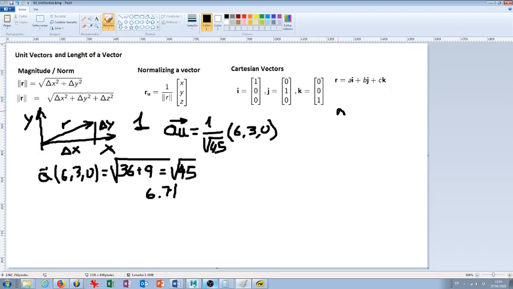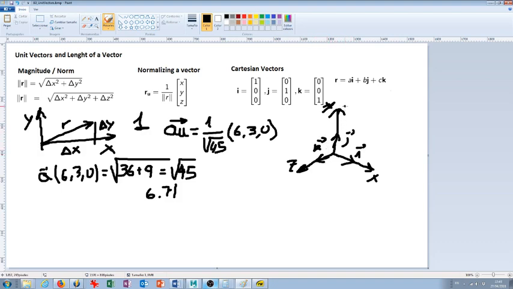Let me put here the Cartesian coordinates, and here we have x, y and z, and the unit vectors i, j, and k.